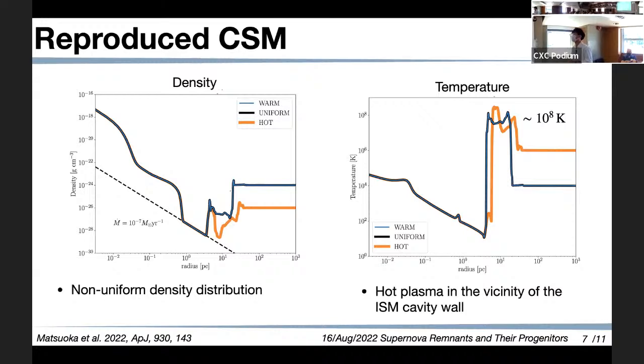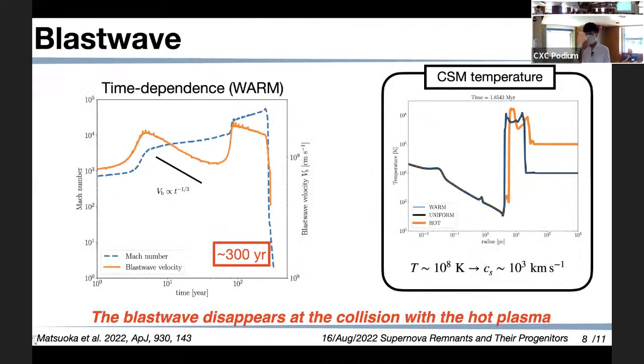So we can say that there is a complicated structure of the CSM in the USSNR. So we need to consider such an effect. Next we show the time evolution of the blast wave. The orange line on the left shows the time evolution of the velocity of the blast wave, and the blue dashed line shows the maximum of the blast wave.